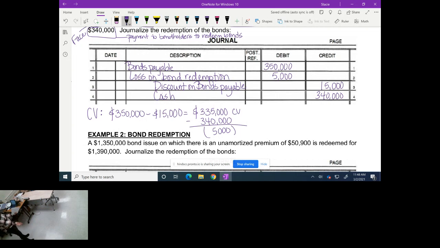This is what the corporation owes for these bonds at that point. If this is what they owe, and this is what they paid out, they paid out more than they owed. So they came out on the losing side of that. Does that make sense?